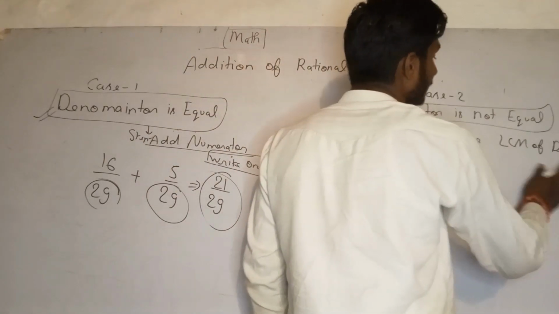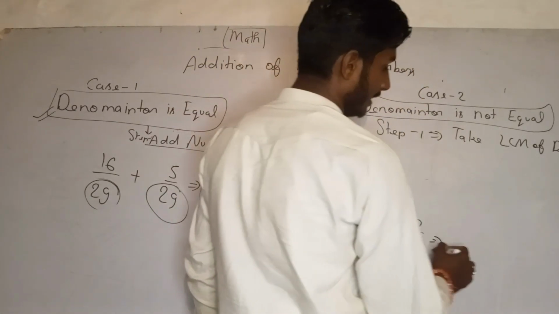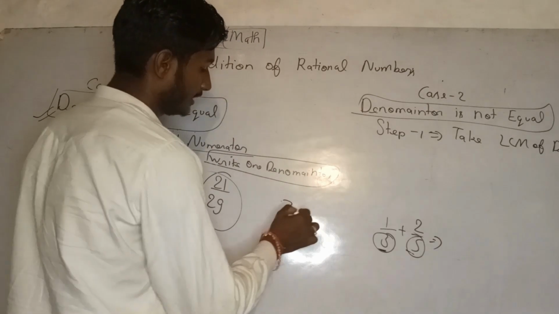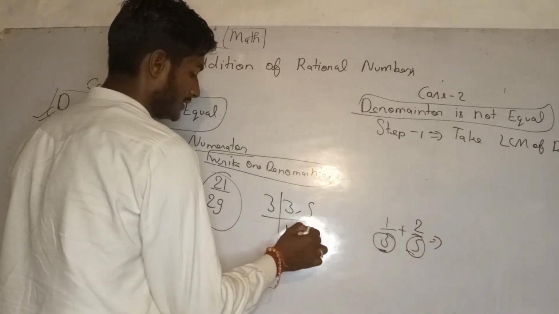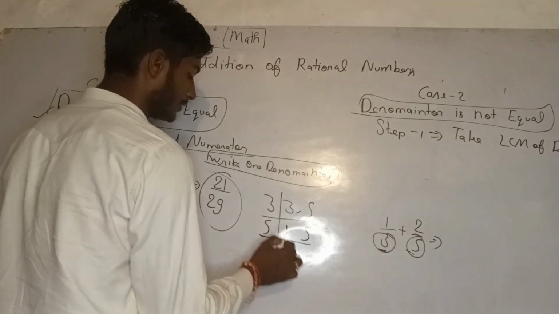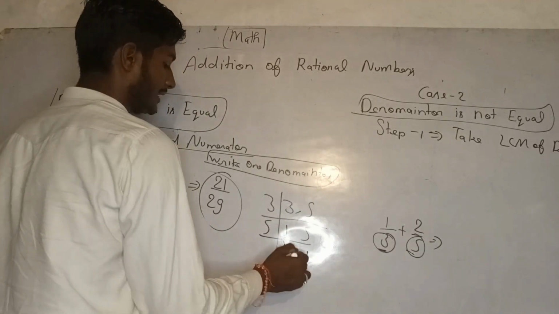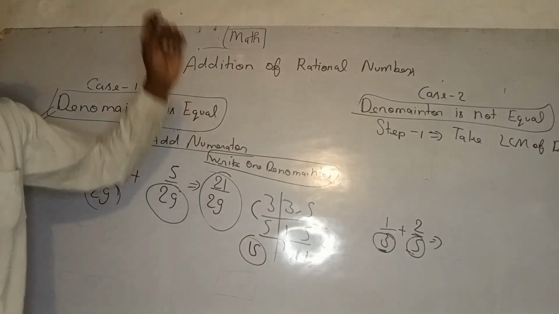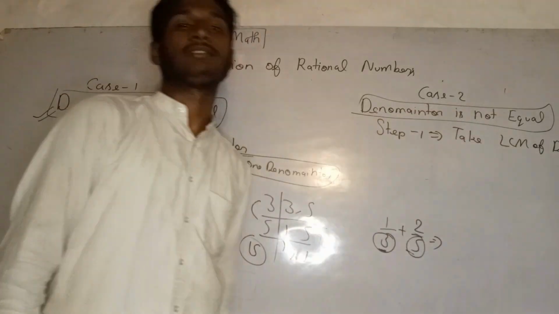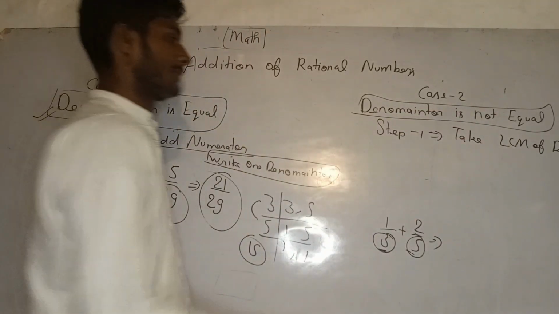To get the LCM of 3 and 5: 3 once is 3, 5 once is 5, so 3 times 5 is 15. The LCM is 15. So the first step is to take the LCM of the denominators.